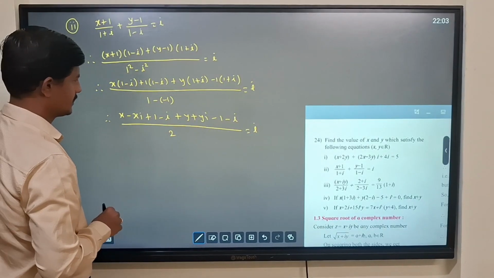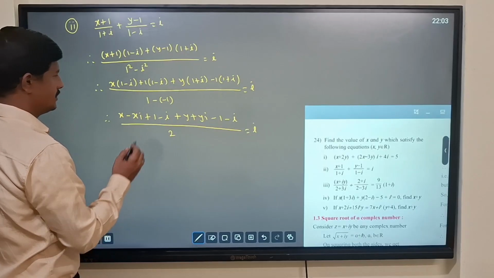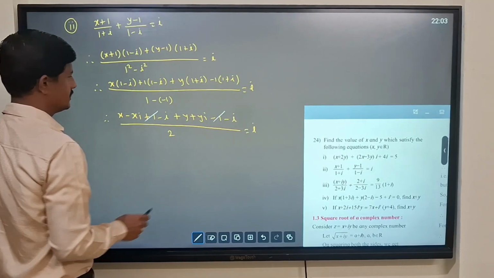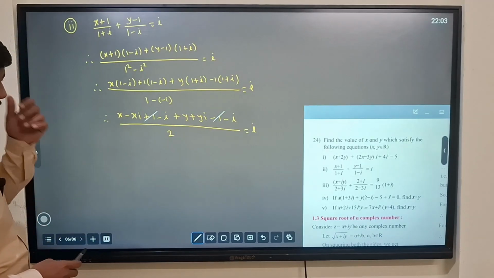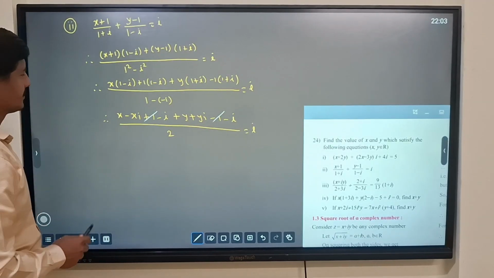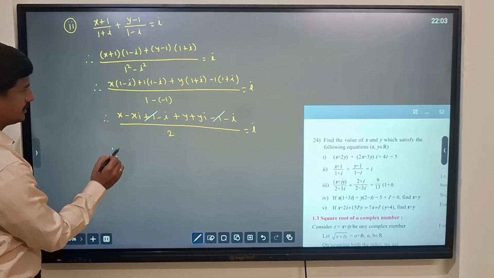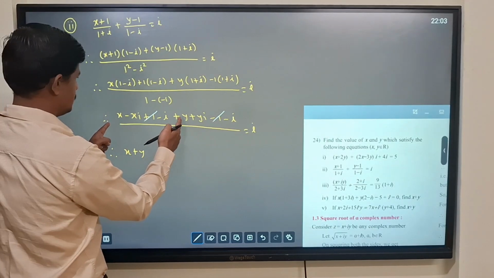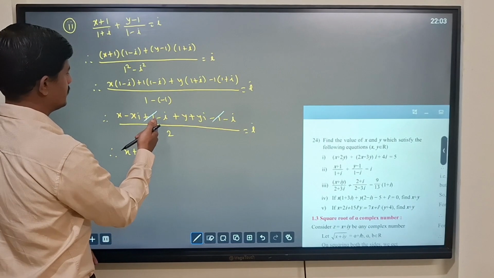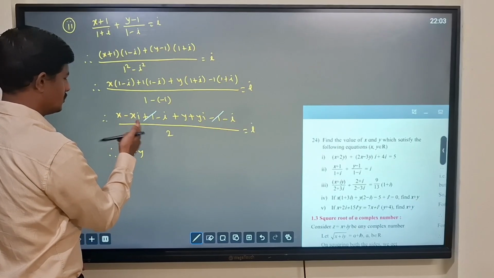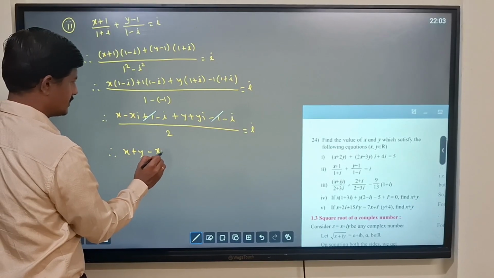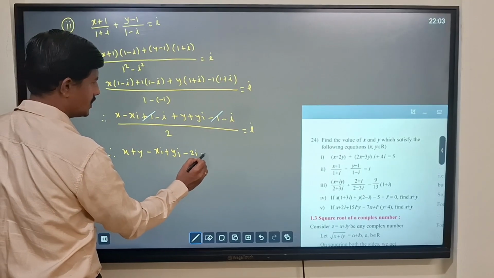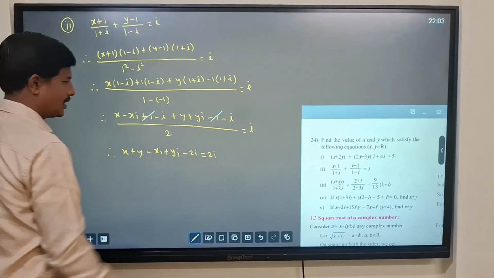Now see, this plus 1 gets cancelled with this minus 1. Now what remains is x plus y, here x plus y again. Okay, now this is minus xi plus yi minus i minus i, this is 2i equal to 2i.